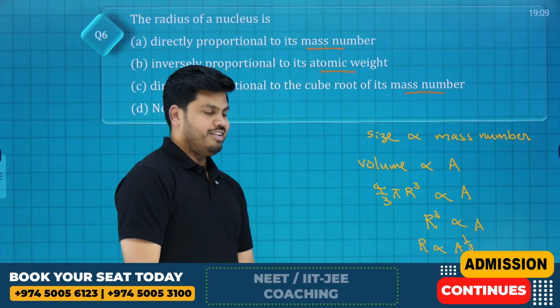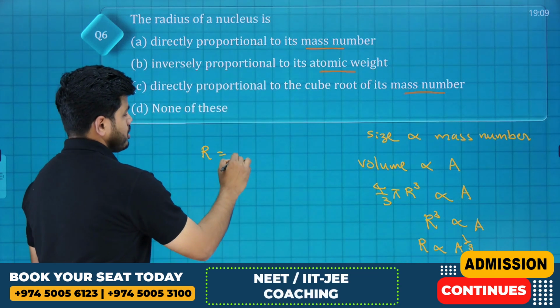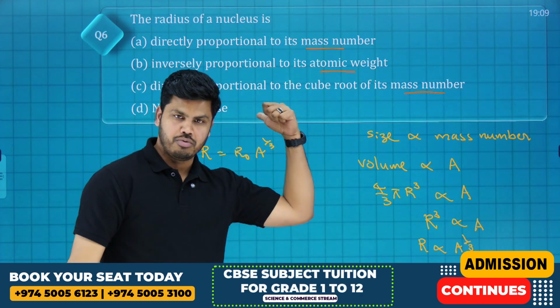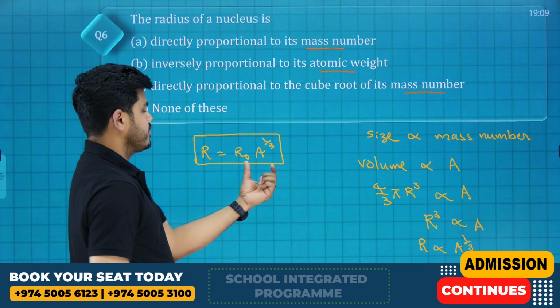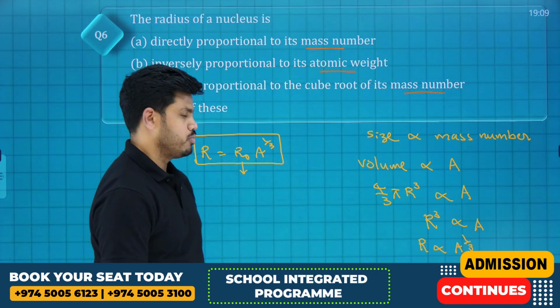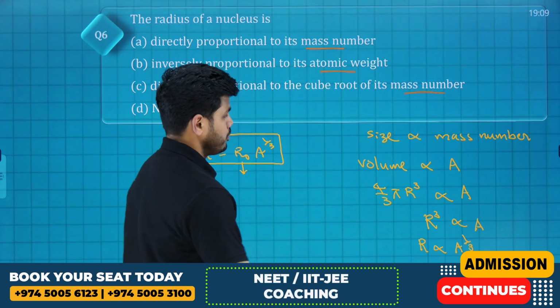Yes, so that was the equation we got, right? And then the radius R, we know, is R0 A raised to 1/3. We mentioned this equation before in one of the questions. So R is equal to R0 A raised to 1/3 is the exact relation. R0 is a constant, which is 1.2 into 10 raised to minus 15 meters, right? That is the value of R0, right?